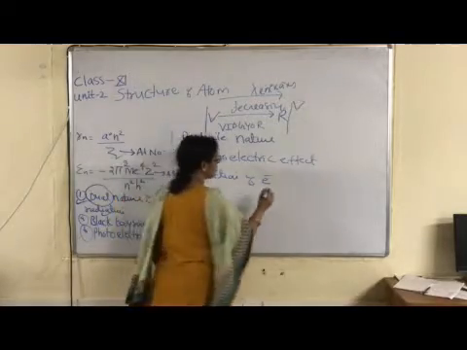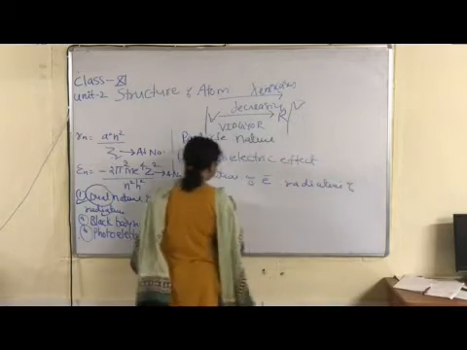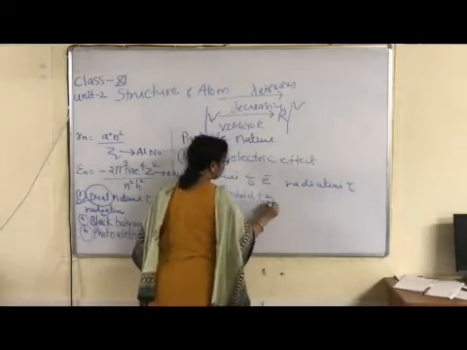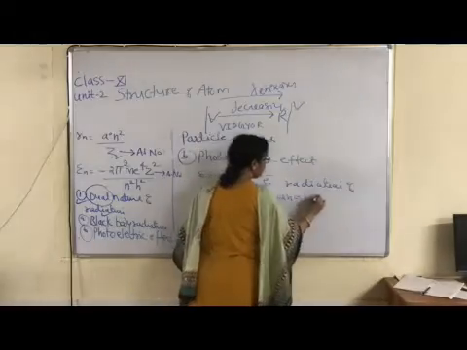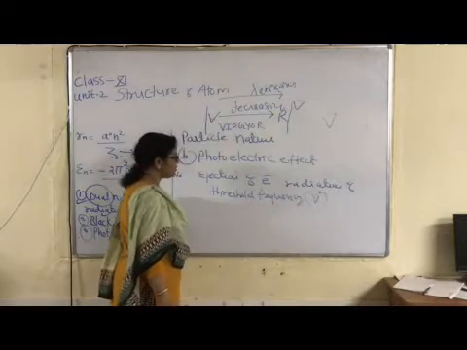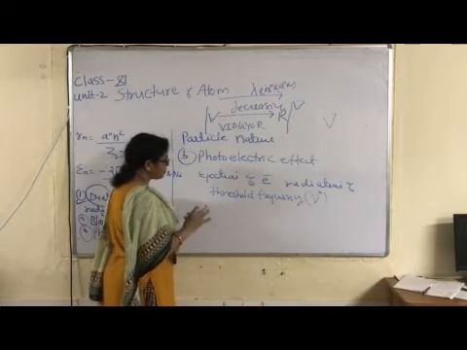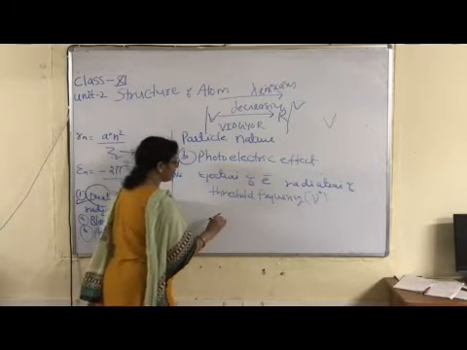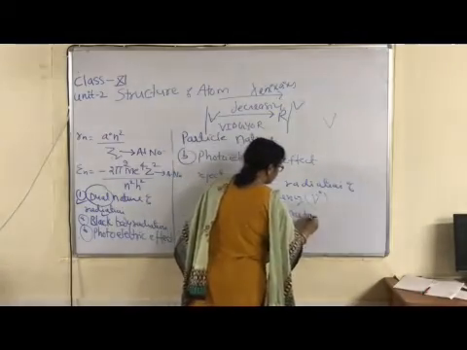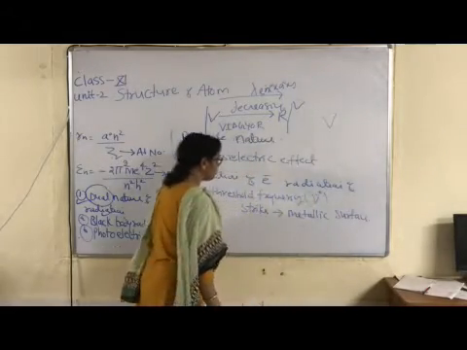When radiations of threshold frequency, it means ordinary frequency is given as nu and threshold frequency as nu naught, strike a metallic surface. This is known as the photoelectric effect.